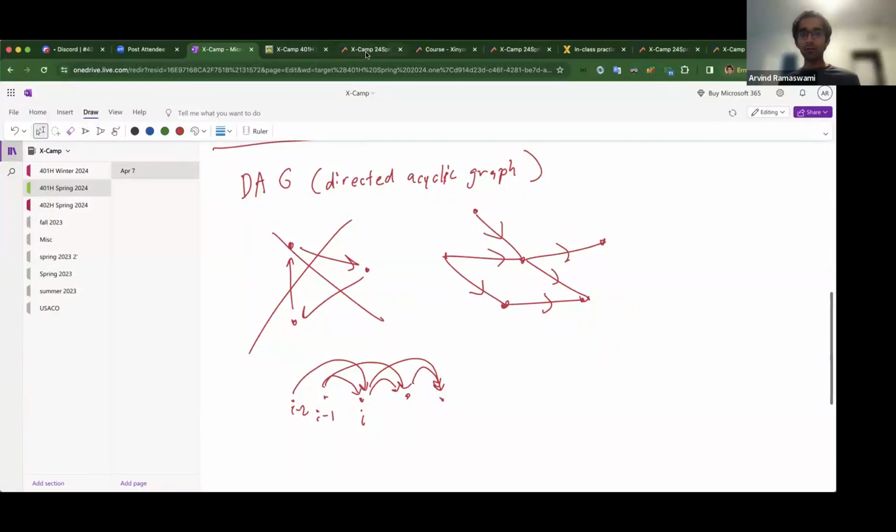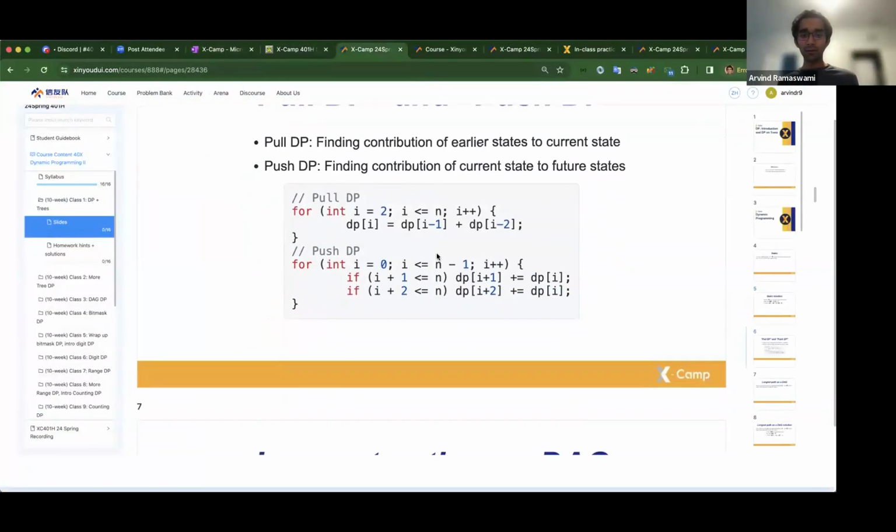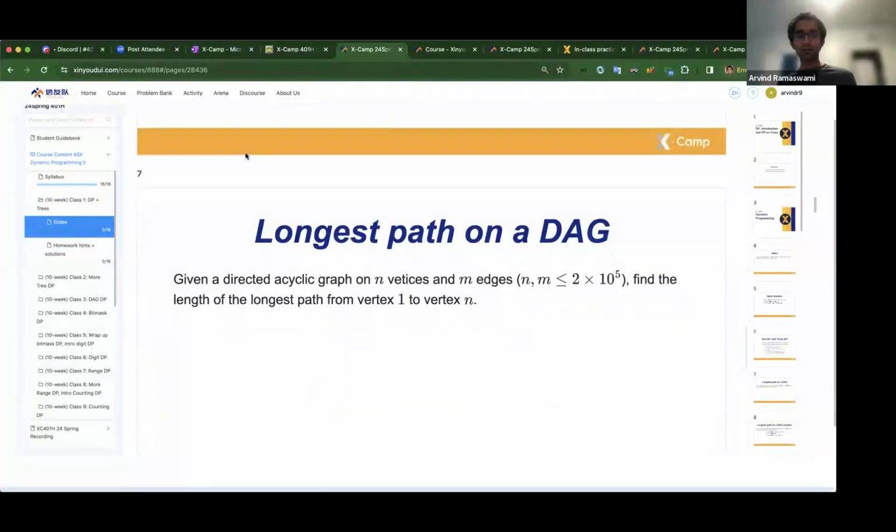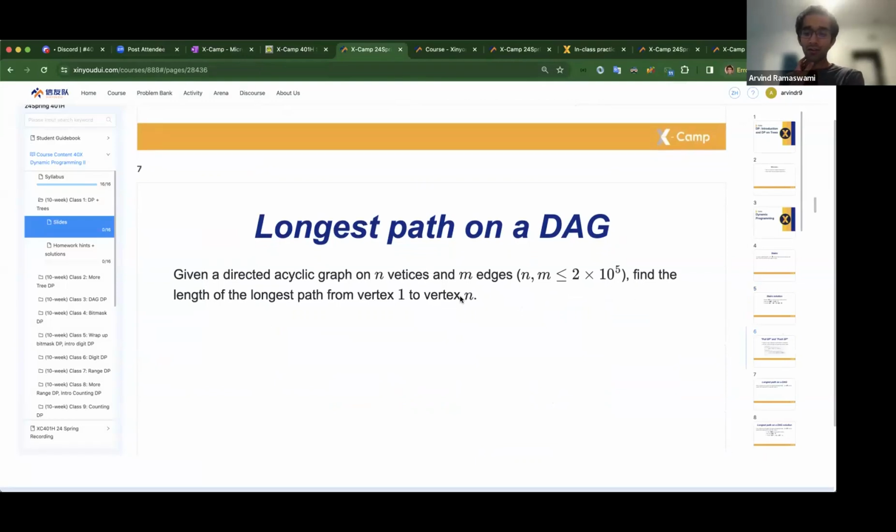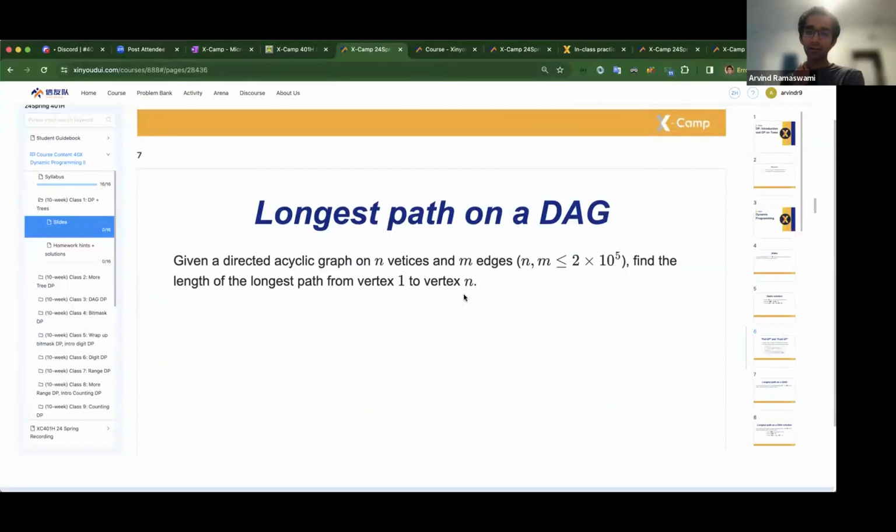So we're going to do a problem. Given a directed acyclic graph on n vertices and m edges, find the length of the longest path from vertex 1 to vertex n. You can assume there always exists a path from vertex 1 to vertex n.